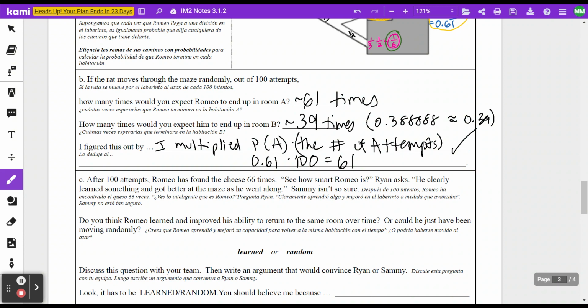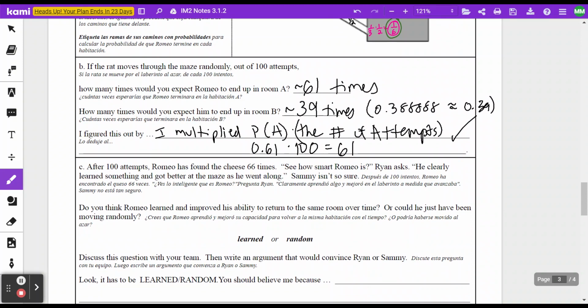You might be saying, Well, 66 is more than 61, but I'm saying that's okay. Just like you could flip a coin and end up with four heads instead of two heads. Romero could do this race and end up in room B 66 times instead of 61 times.